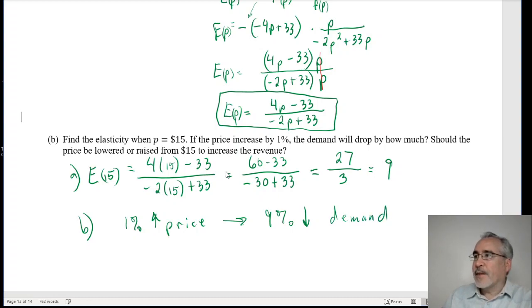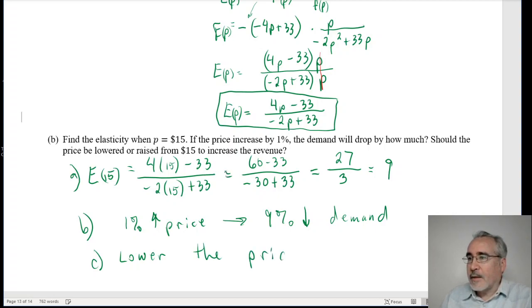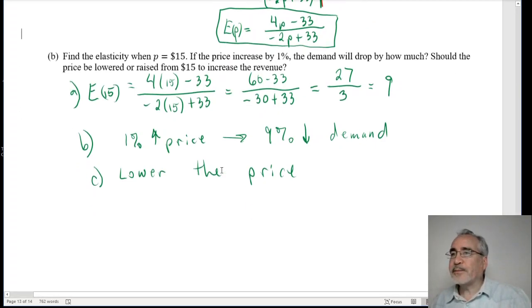Not good. So the revenue is going to drop, all right, because we're losing a lot of buyers. So we need to lower that price. Should the price be lowered or raised from 15 to increase revenue? So C, we need to lower the price. Because lowering the price gets us to where we need to be.